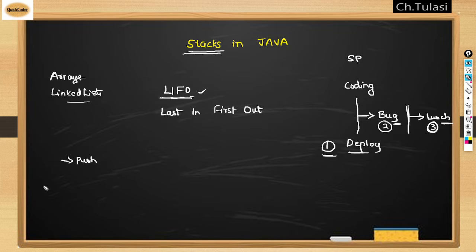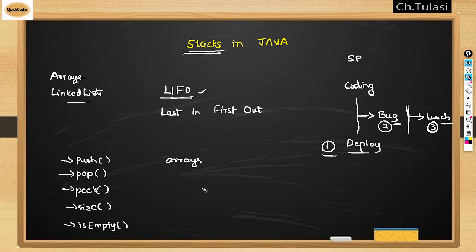What is push? What is pop? What is peek? What is size? What is the empty method? These are all methods of stacks. In Java these are already implemented, but again, I want to implement them in front of you using arrays.